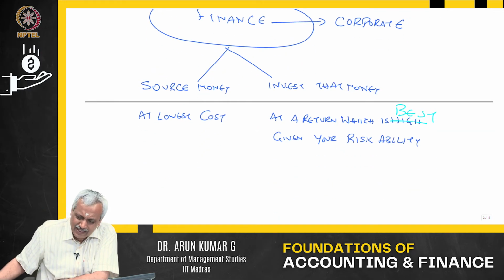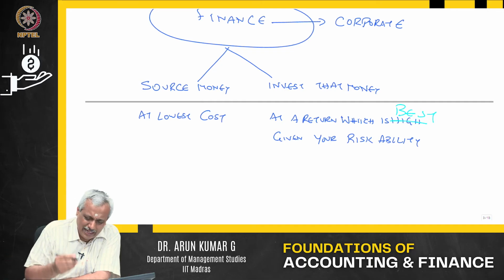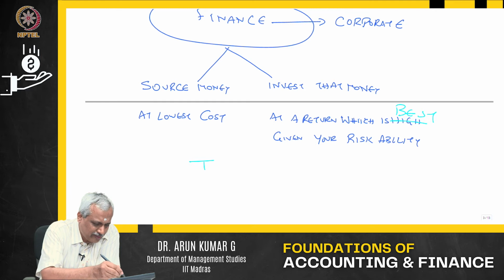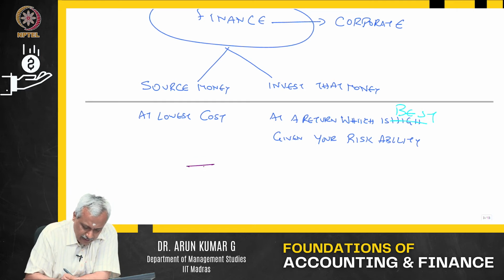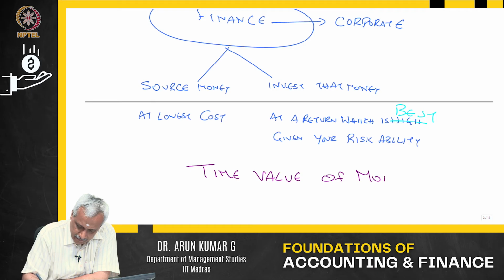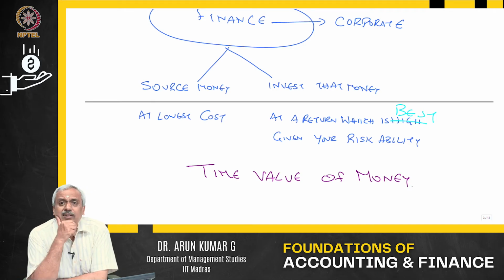While dealing with this, you have to remember there is one more aspect, and that is what we call, let me use a different color, time value of money. What is the time value of money?